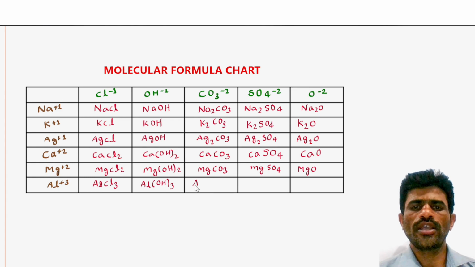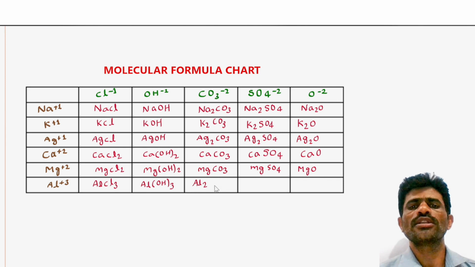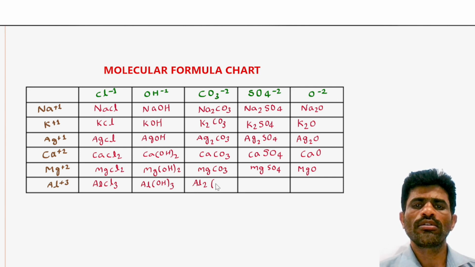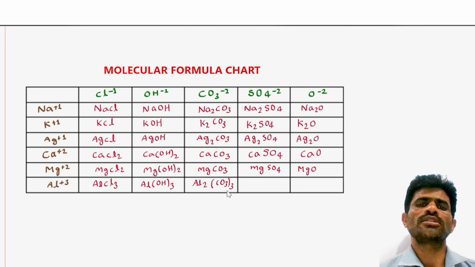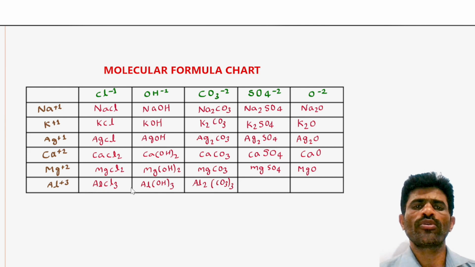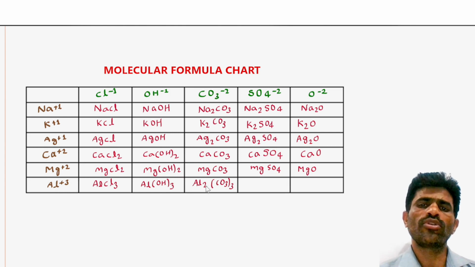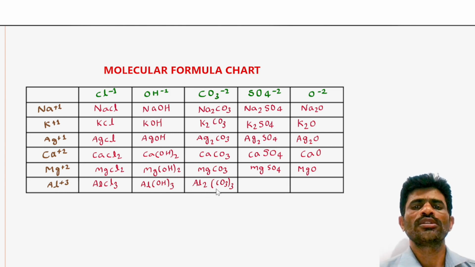Next, Al2, because carbonate valency is 2, that should be multiplied to aluminium. Al2 and CO3 should be multiplied by 3, because aluminium valency is 3. So aluminium chloride, AlCl3, aluminium hydroxide, Al(OH) taken thrice, aluminium carbonate, Al2(CO3) taken thrice.